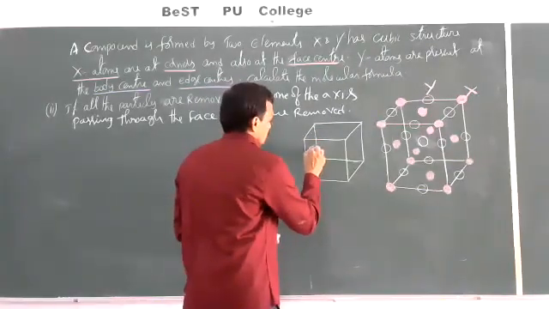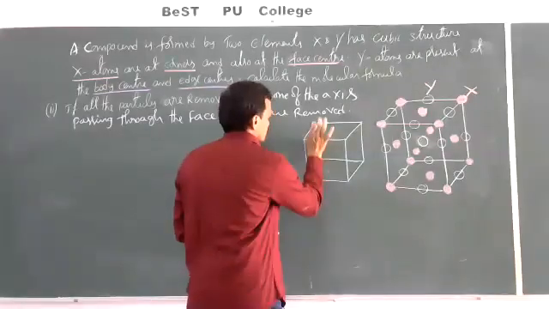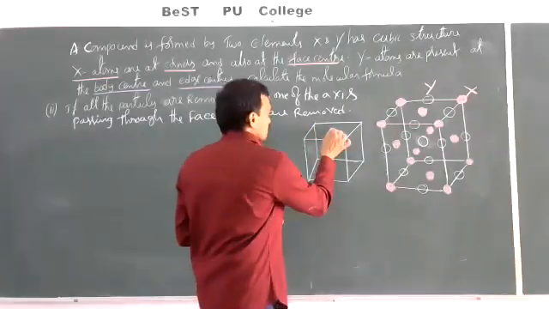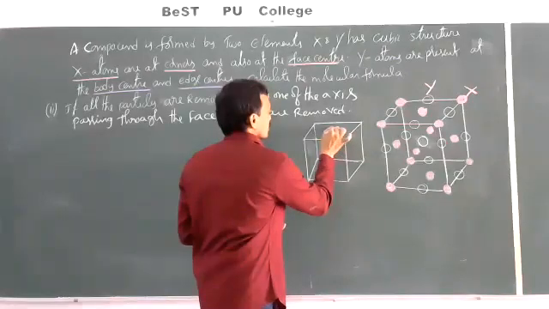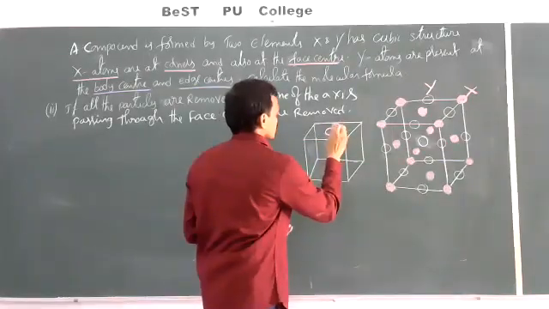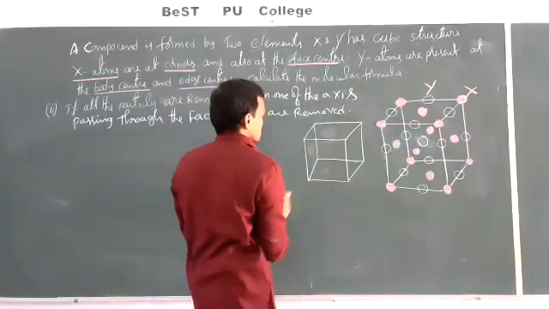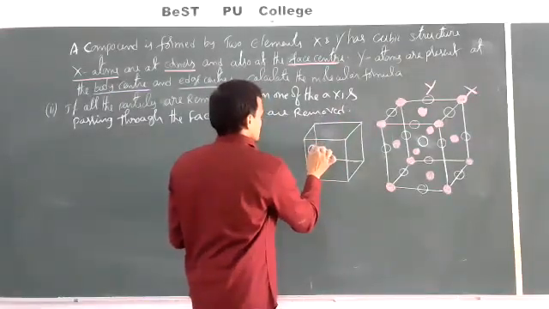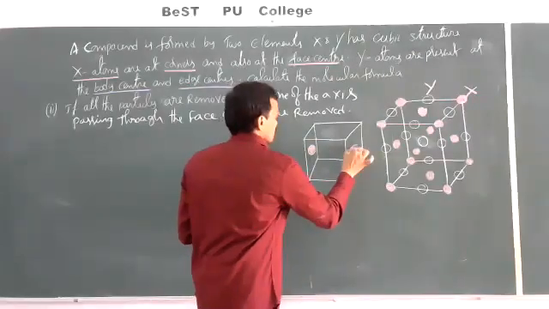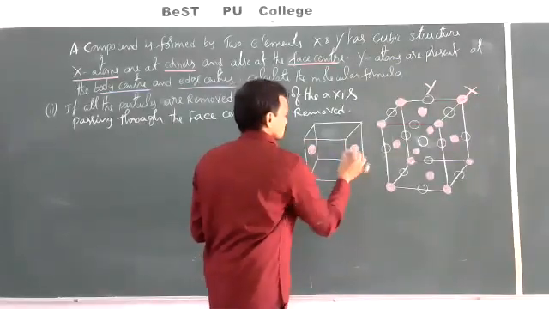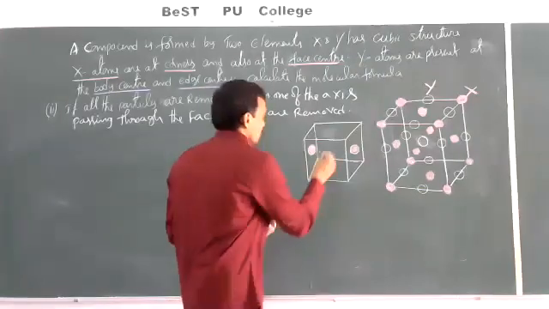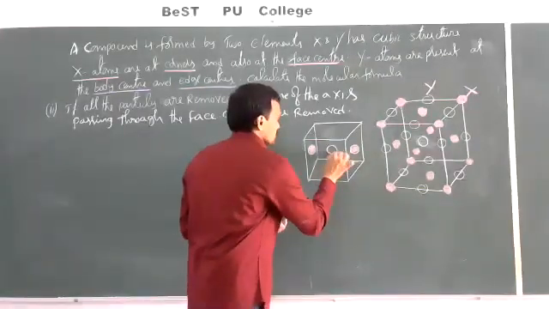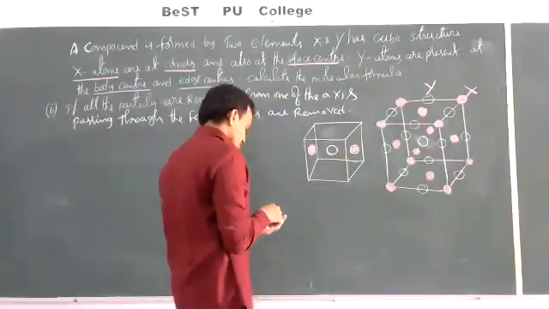So any one face center you can take. Here I will take bottom and top face centers. This is the bottom face center. No, I'll take left and right, better. This is the left face center. This is the right face center. And one particle is present at the body center.